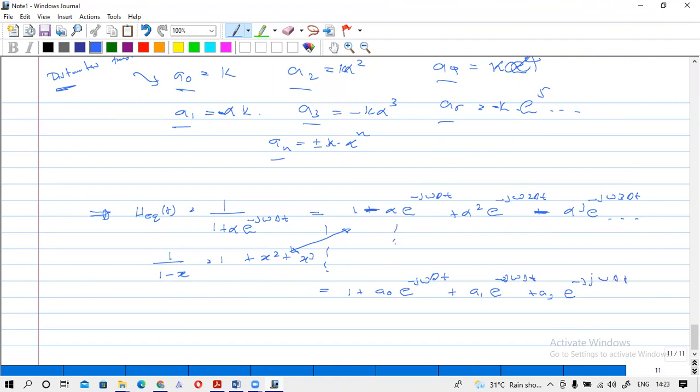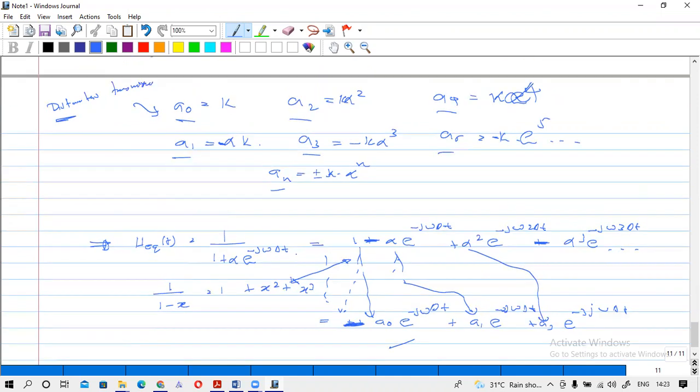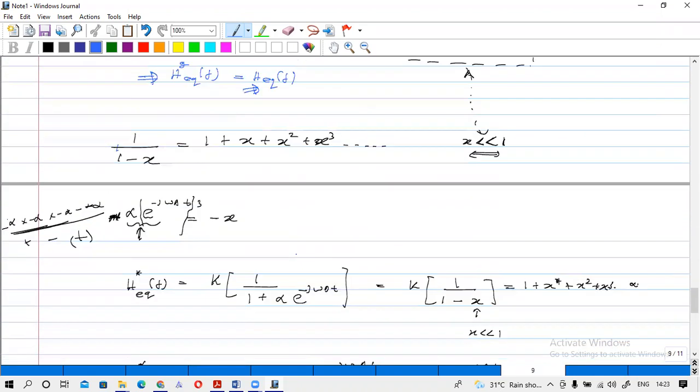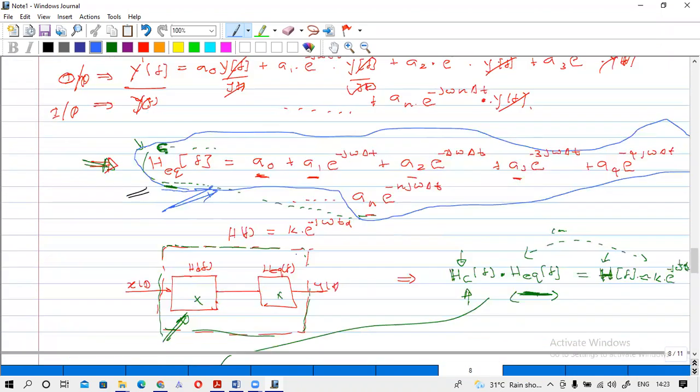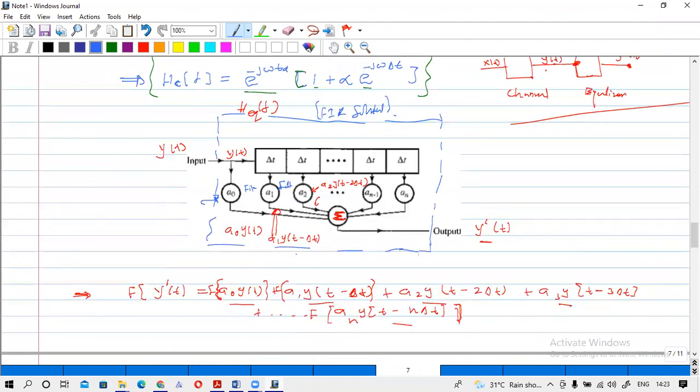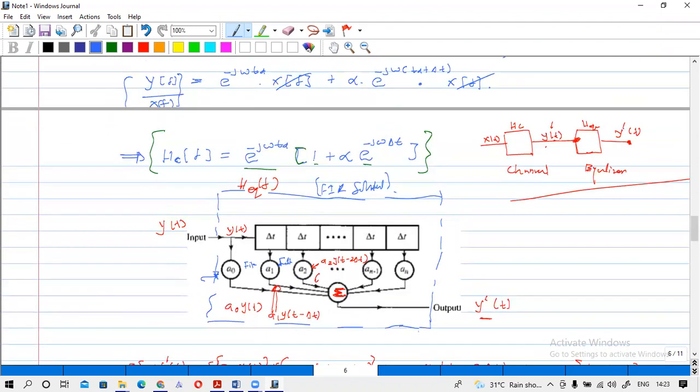So you have to equalize these terms, and you will get the coefficients. In the question it is very easy, but we have done all the derivation here also. So I hope you could understand this one.